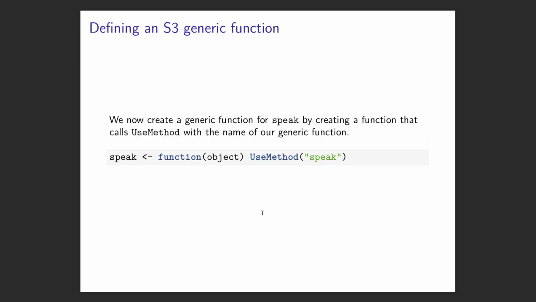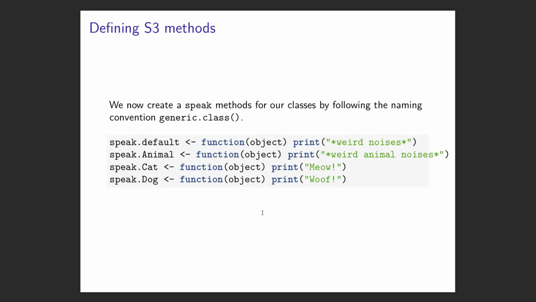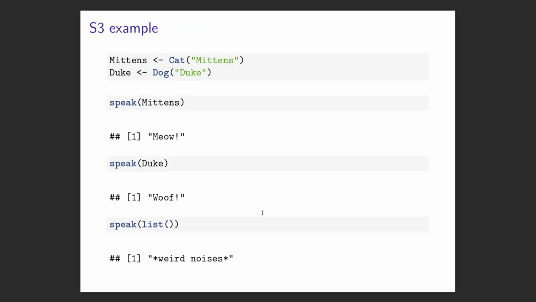We created an S3 generic function like this. And we defined S3 methods for this speak generic function, a default one, an animal one, then ones for cats and dogs specifically. And we showed that's all we really needed to do to get that working. So now speak can be specialized for any class that we want.